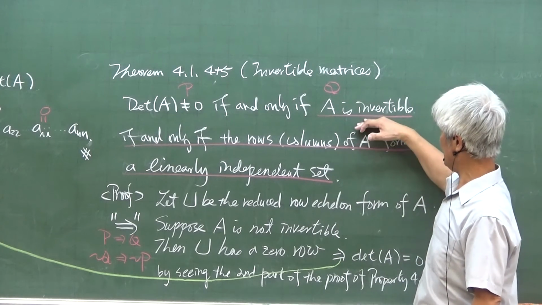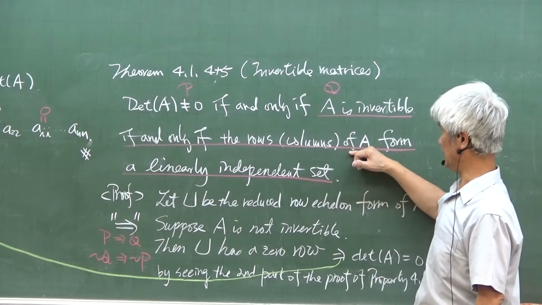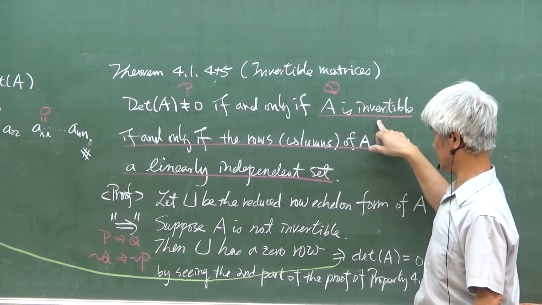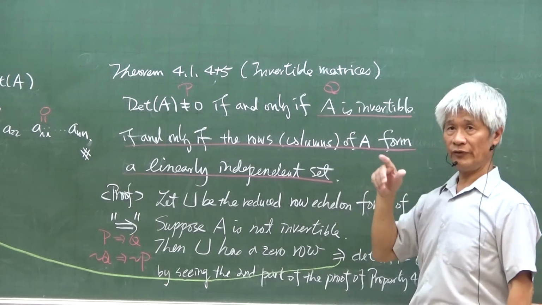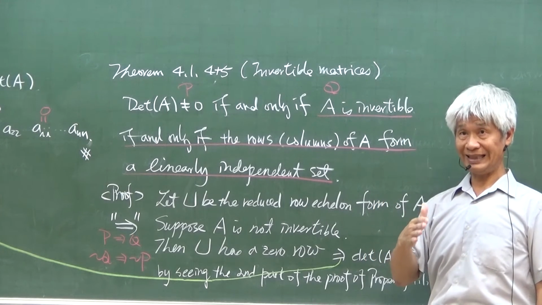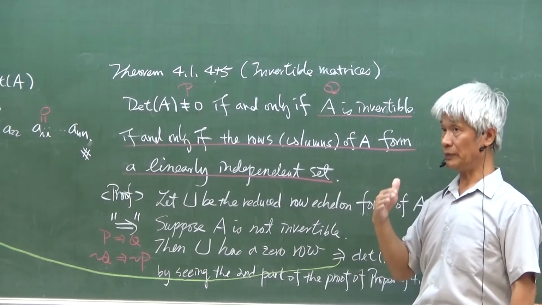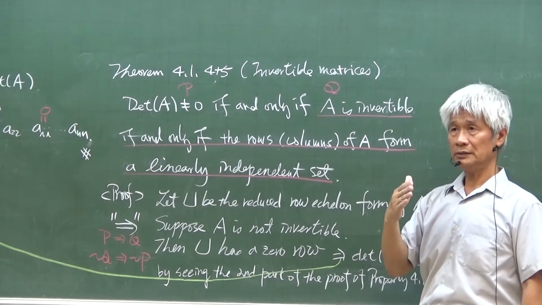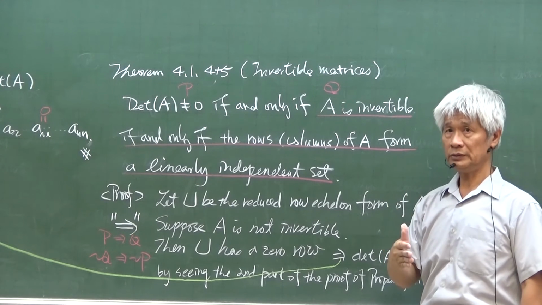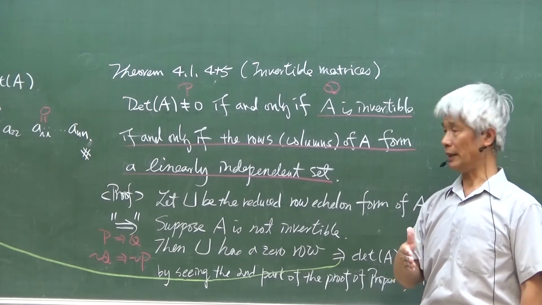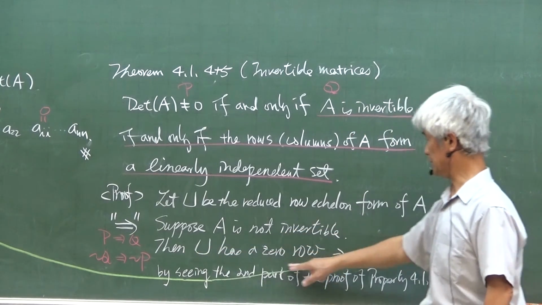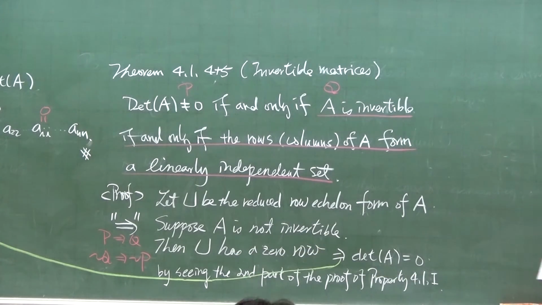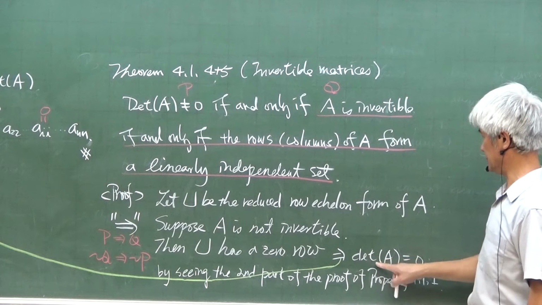Because if A is invertible, we know that the columns of A or the rows of A are linearly independent. So if A is non-invertible, then the rows of A form a linearly dependent set. And the theorem in chapter 1 says that if the rows are linearly dependent, then any row echelon form has a 0. Okay, so in particular, the reduced echelon form U has a 0, and so it implies that the determinant of A is 0.